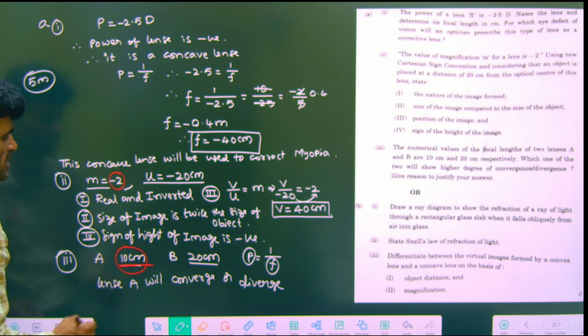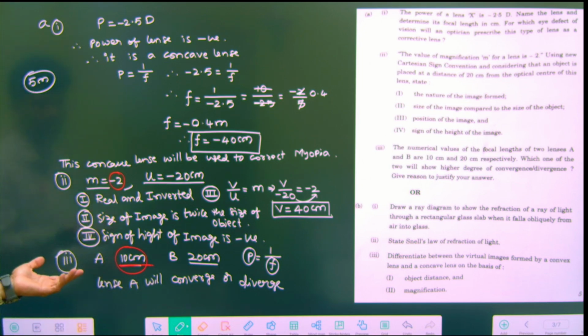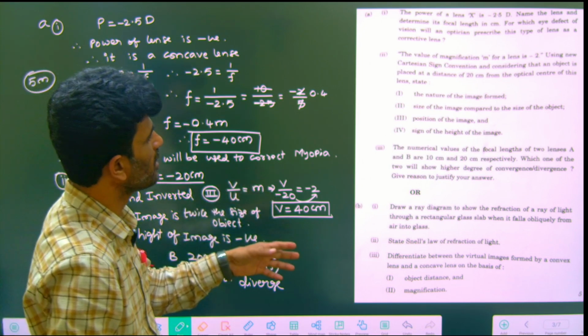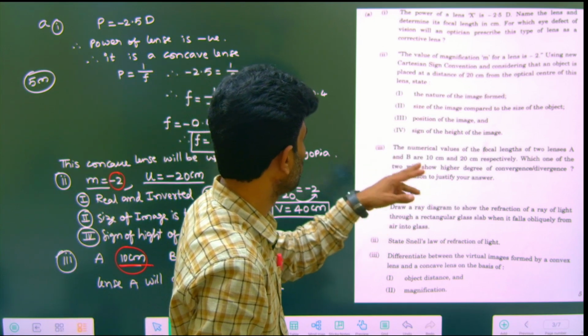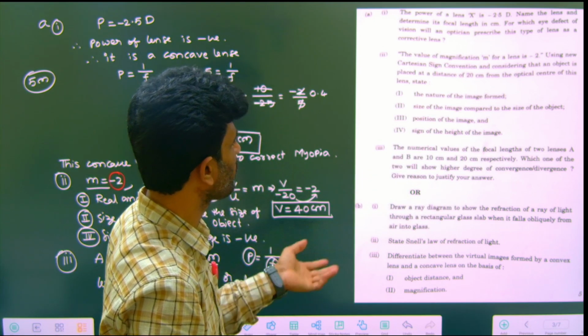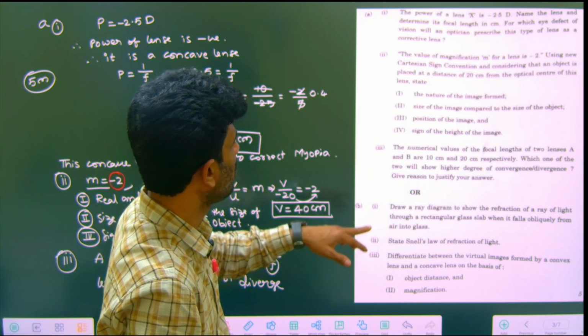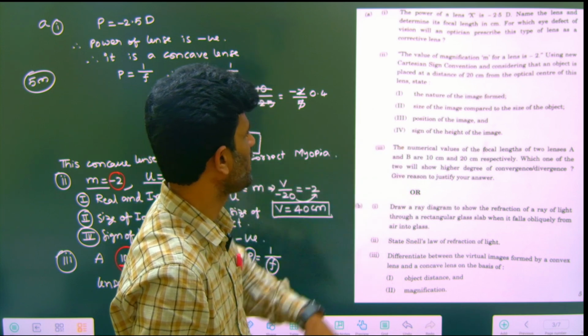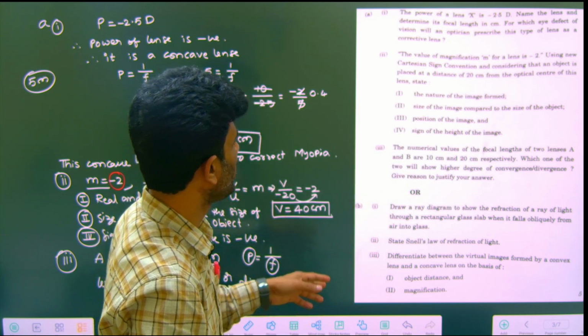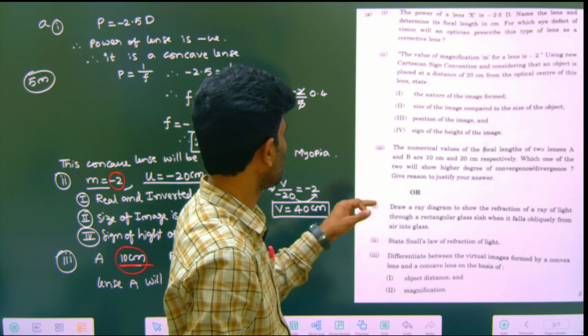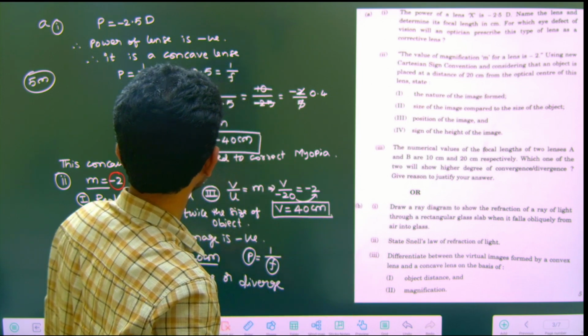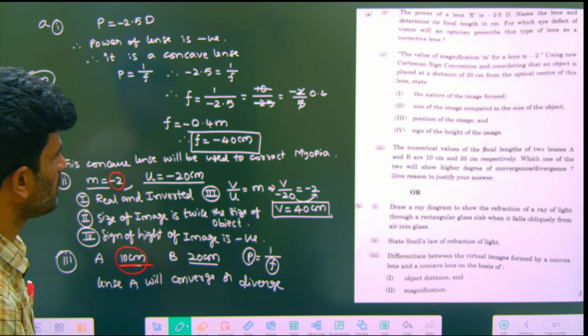When focal length is less, power of the lens will be more. So A will have more convergence or divergence than B. Like that you have to write: the degree of convergence or divergence of lens A will be more than lens B. That is about the question. Hope you understood it.